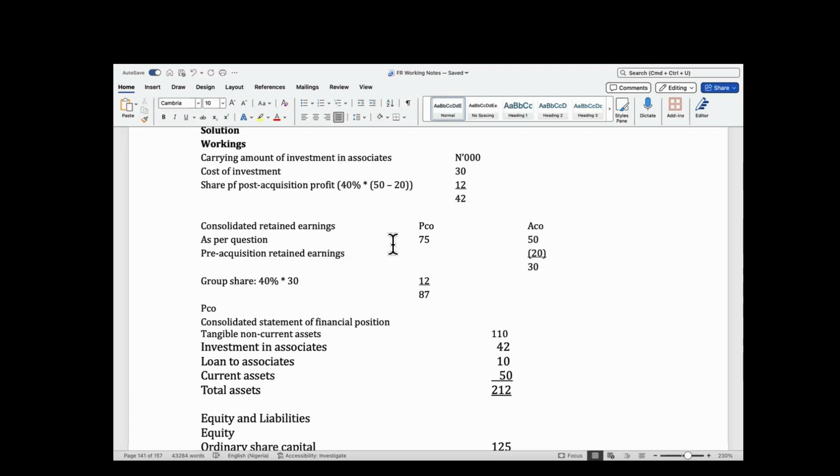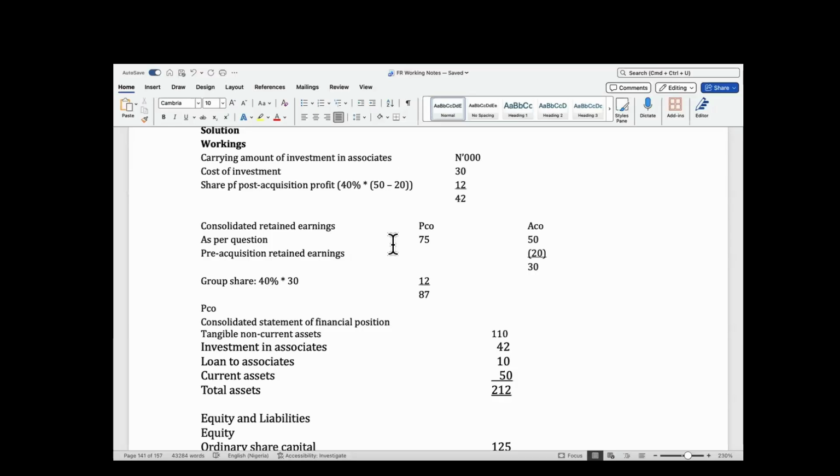And we made a distinction between when you sell to the associate, wherein you are the one making profits. Such profits can easily be eliminated from your retained earnings.